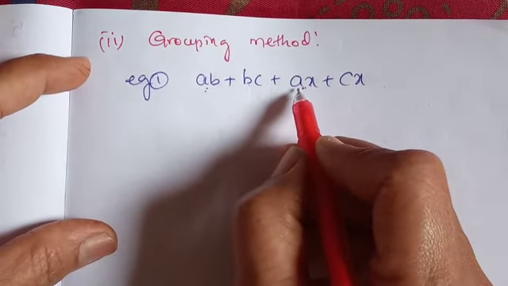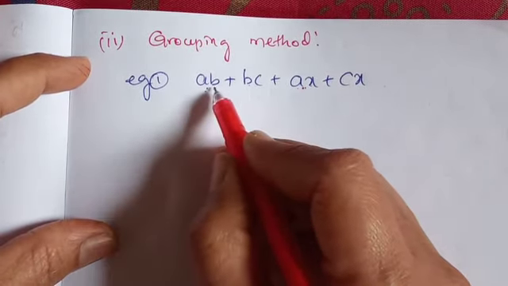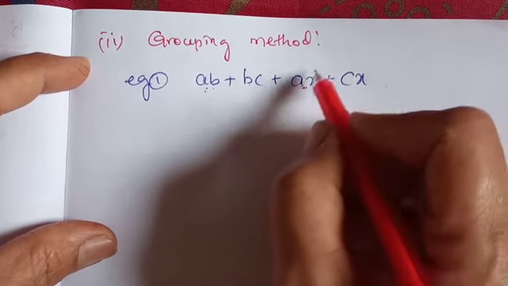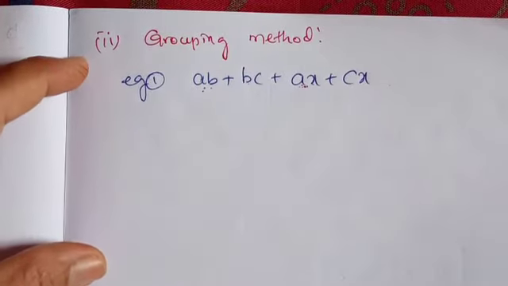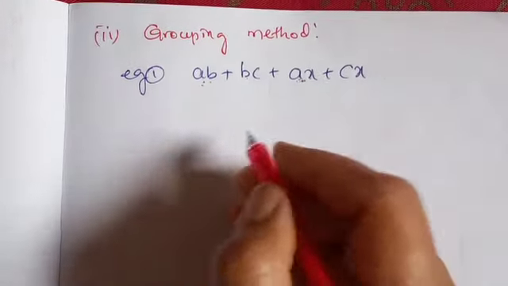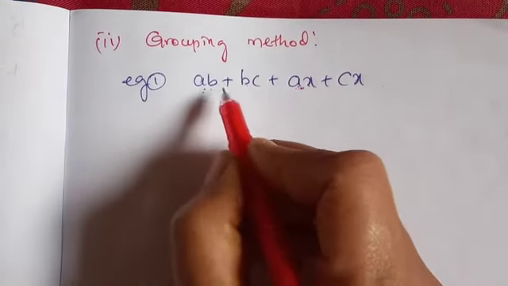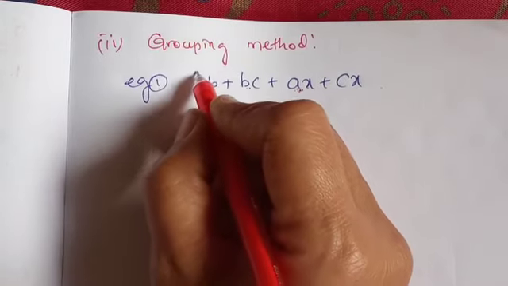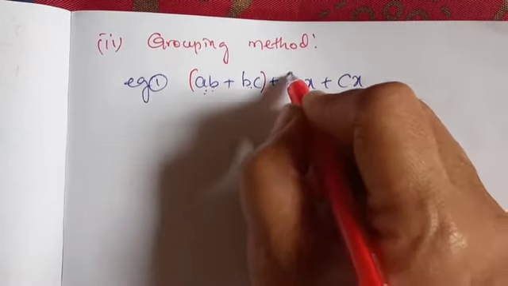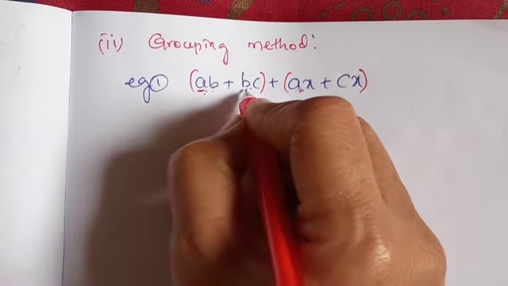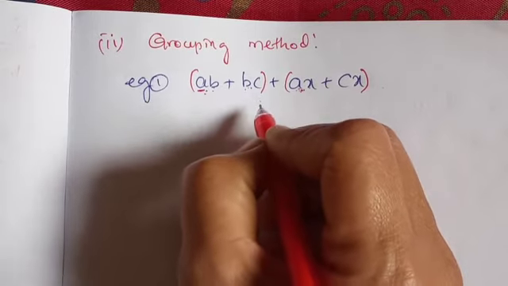If I choose a, these two terms will be grouped, and the x terms are x. Now ab plus bc plus ax plus cx. I'm just keeping them in brackets. Either use a different color so that you can understand easily, and now underline the similar ones.